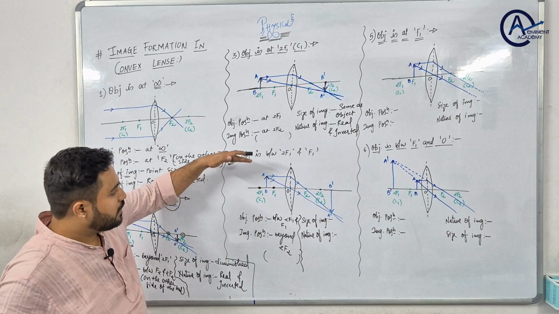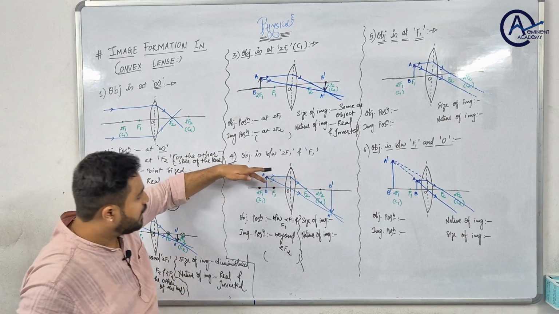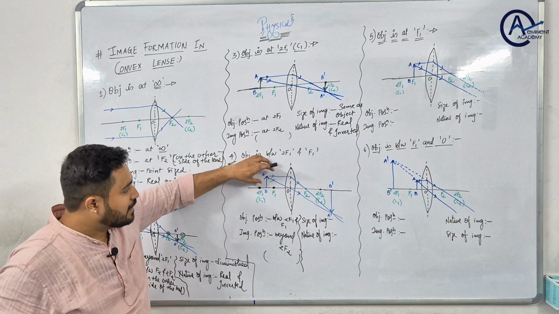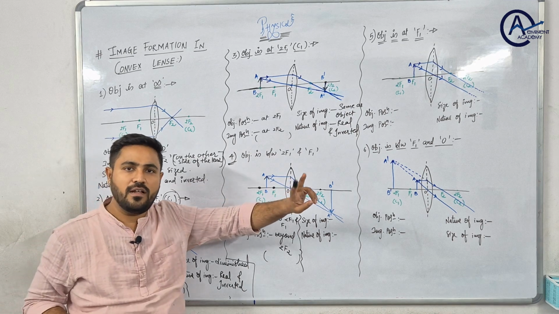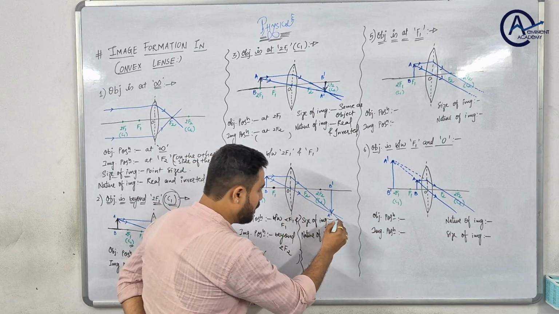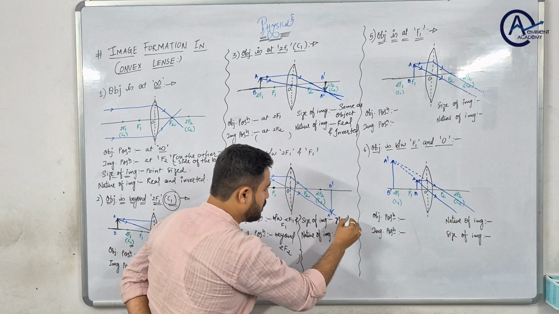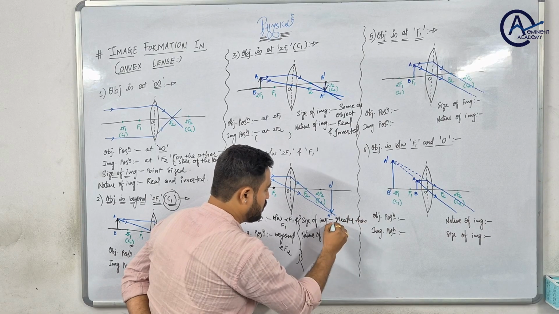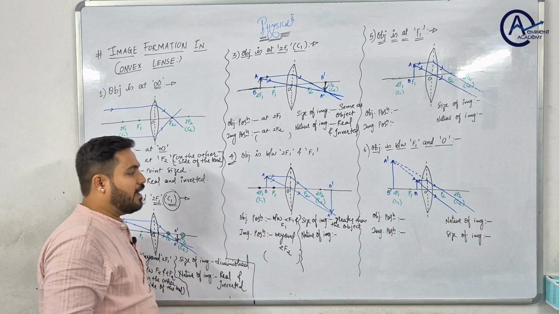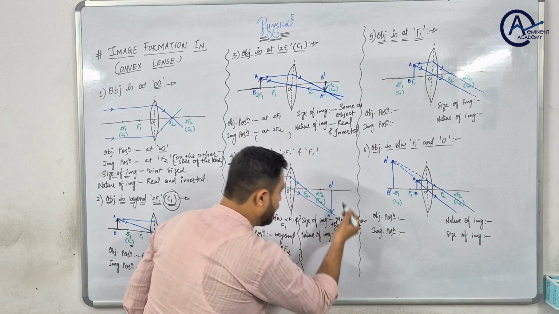Here again we have considered two rules: one is parallel to the principal axis and another one is passing through the optical center. For ease we are considering only two rules. So the size of the image we can say is greater than the object, larger than the object.